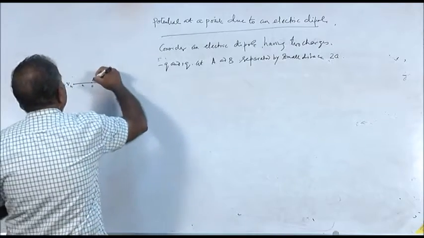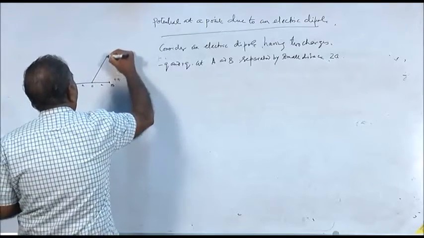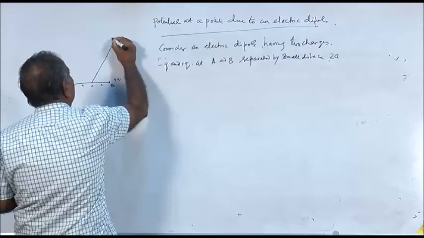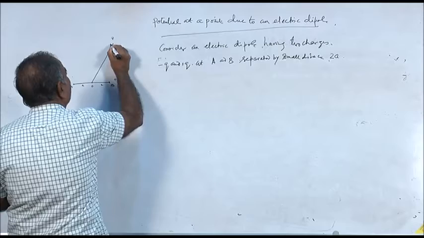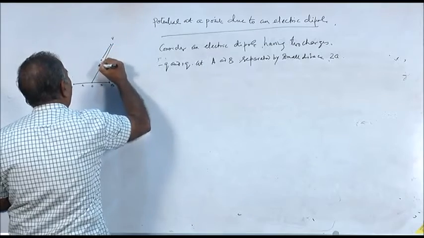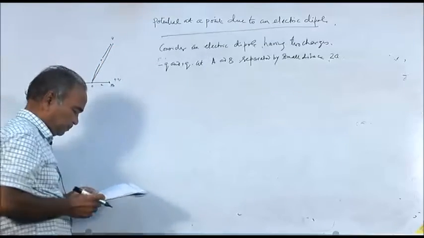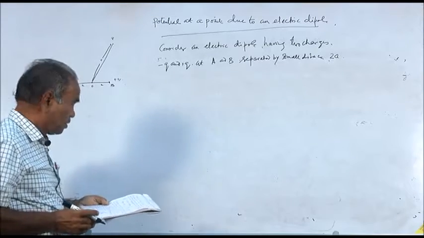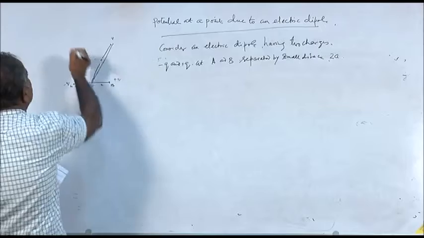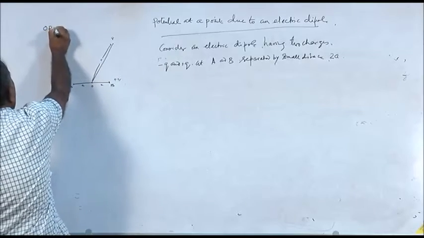We want to find the potential at point P, which is at a distance r. This distance is r. OP is equal to r.